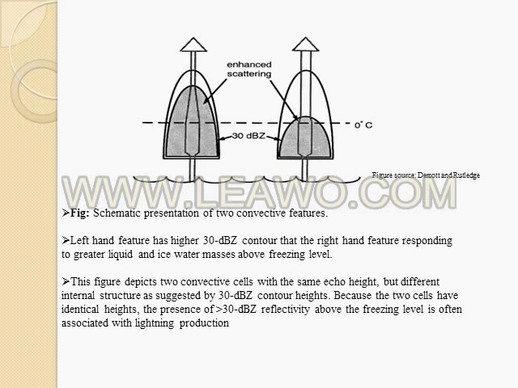The presence of greater than 30 dBz reflectivity above the freezing level is often associated with lightning production, because we have enhanced scattering here. It has the same contour level, but in internal properties the left hand side has more and the right hand side has less.